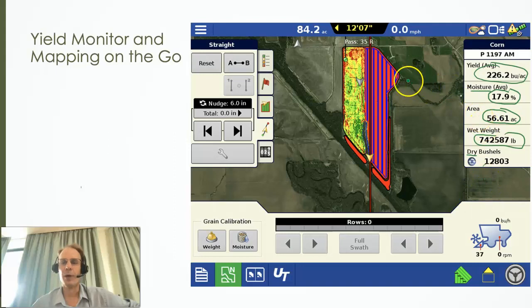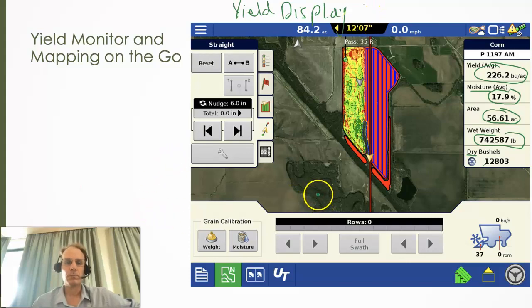This yield monitor display happens to be the same one I have in my combine at the BYU farm. The neat thing about this is that it records the yield and creates the map on the go while the combine is harvesting the field.